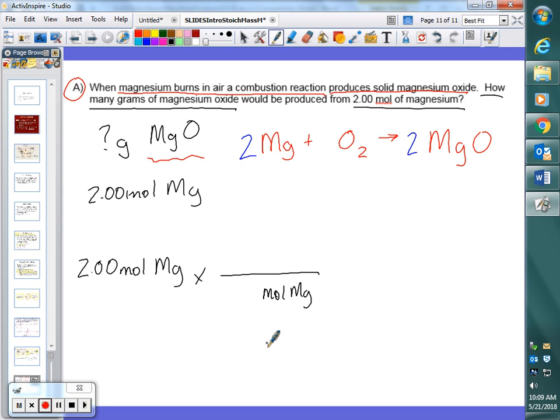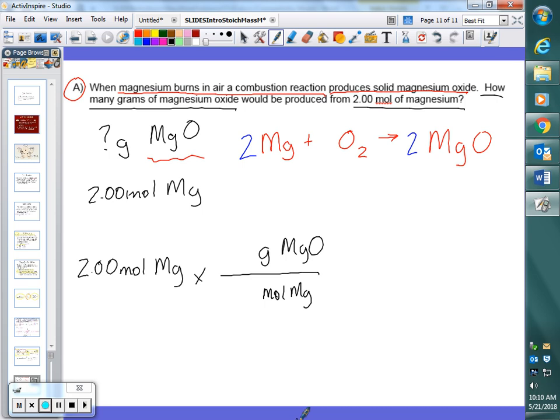Now, like we said, conversion factors get rid of bad units and give us good units. But that would mean that we'd go here and put grams of magnesium oxide up on the top. But we can't do that. We can't compare moles of one thing and grams of something else, right? We need to compare moles to moles, because then we know that we have an equal number of things. Remember that this equation up on the top, through the coefficients, gives us the ratio of the ingredients.